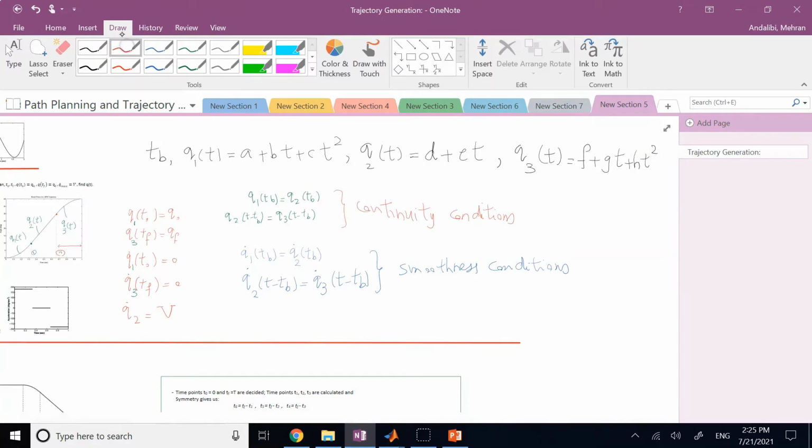So you see I have 9 unknowns. This is 1, 3 here, 2 here, and 3 here. 9 unknowns, and then I have 9 equations, as you can see.